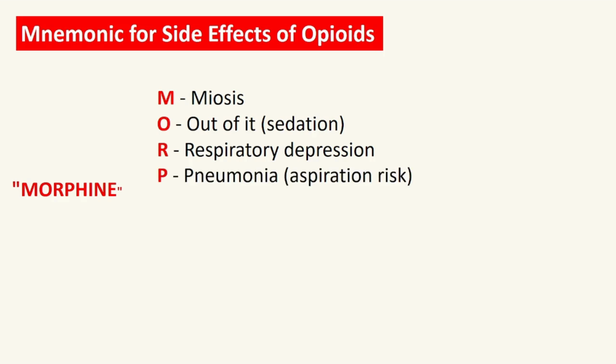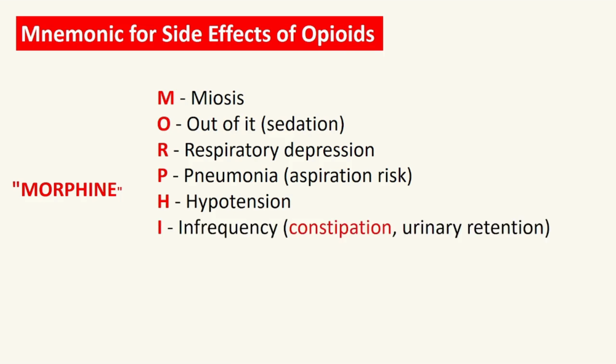P for pneumonia, especially the risk of aspiration pneumonia. H for hypotension, it drops the blood pressure. I for infrequency or constipation, infrequency of gastric motility, and also urinary retention. N for nausea, and E for emesis, nausea and vomiting can be triggered by the opiate.